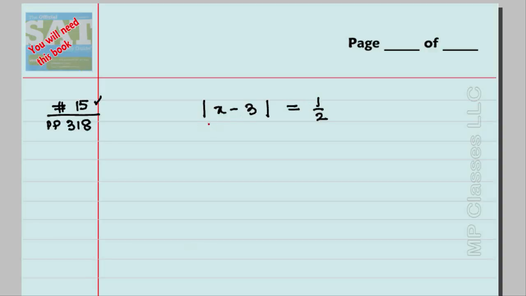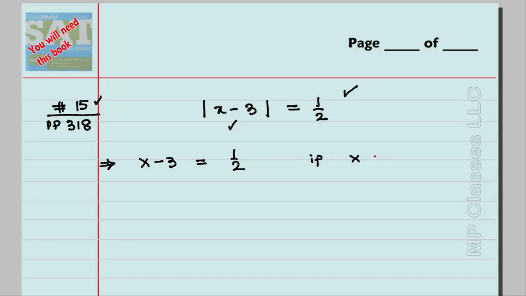Now, whenever there is an absolute value expression, which is the left hand term of this equation, the easiest way is this: x minus 3 will be 1/2. That means this implies x minus 3 is equal to 1/2, and what is required for this?